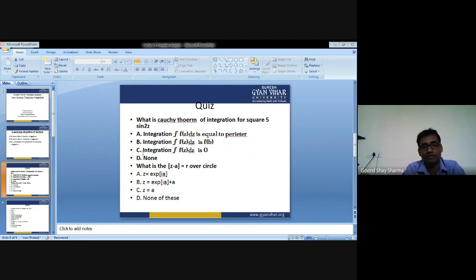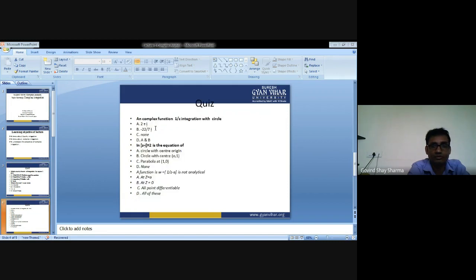We know that z − a = r e^(iθ). So z = a + e^(iθ), and the right answer is option B, z = a + e^(iθ). Next, the complex function 1/z integrated over a circle, with theta going from 0 to 2π, gives 2π − 0 = 2π i.